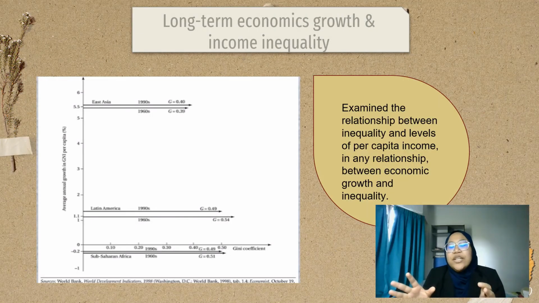Here are long-run data covering the mid-1960s and the mid-1990s. These charts reflect the well-known fact that low inequality Asia grew rapidly and high inequality Latin America grew, while Africa grew very slowly.